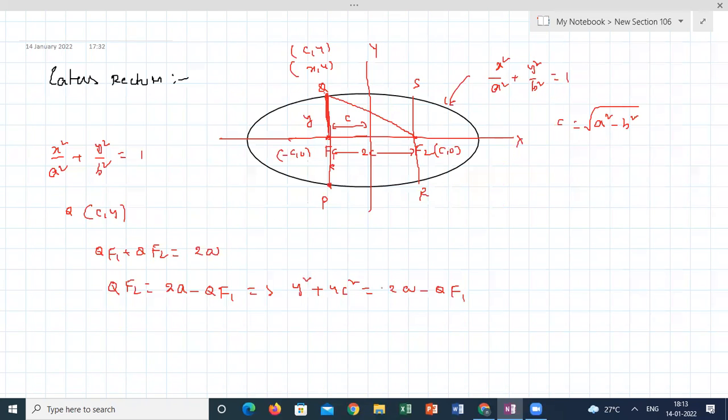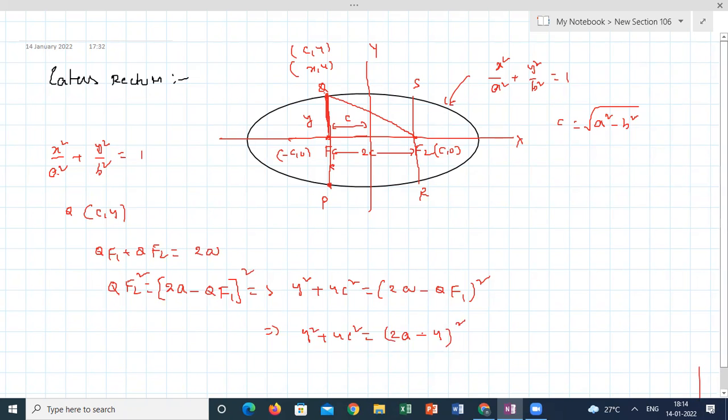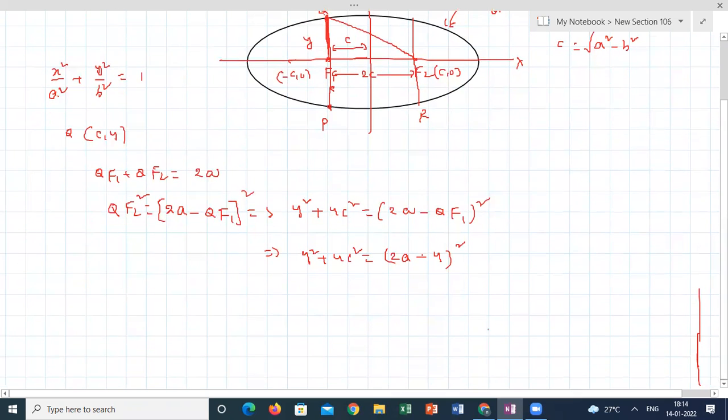How will you solve from here? QF1 is nothing but y, so y square plus 4c square is equal to 2a minus y, whole square.